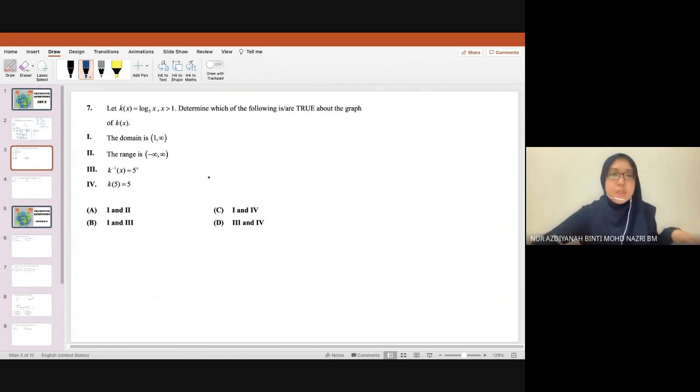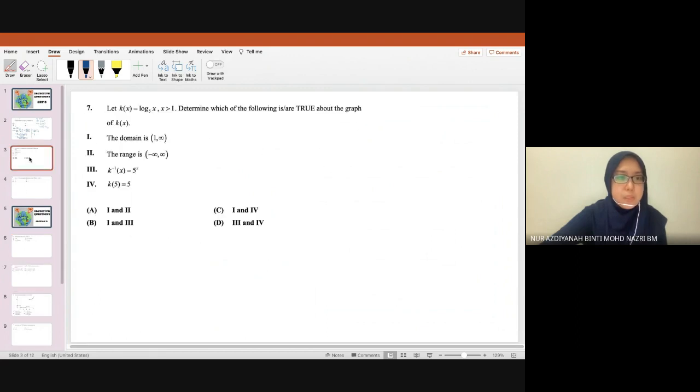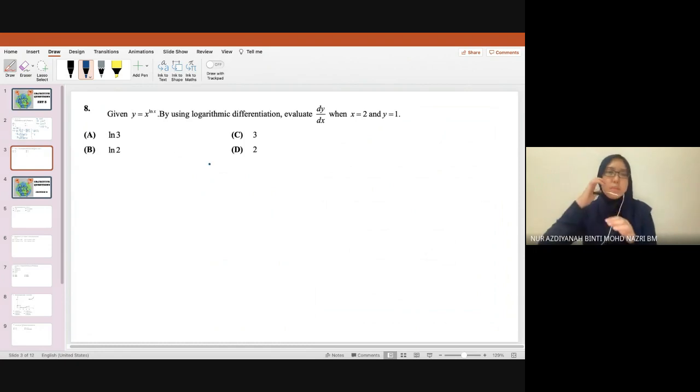For our graph here, dia cakap domain is 1 infinity. Okay, kejap. Okay, so sorry, this one is for section B, question number 7, section B. Kejap. No, okay, Madam pindah ke bawah lah, nanti confuse. Okay, this one is section B. Okay, kita buat dulu soalan number 8 for section A.